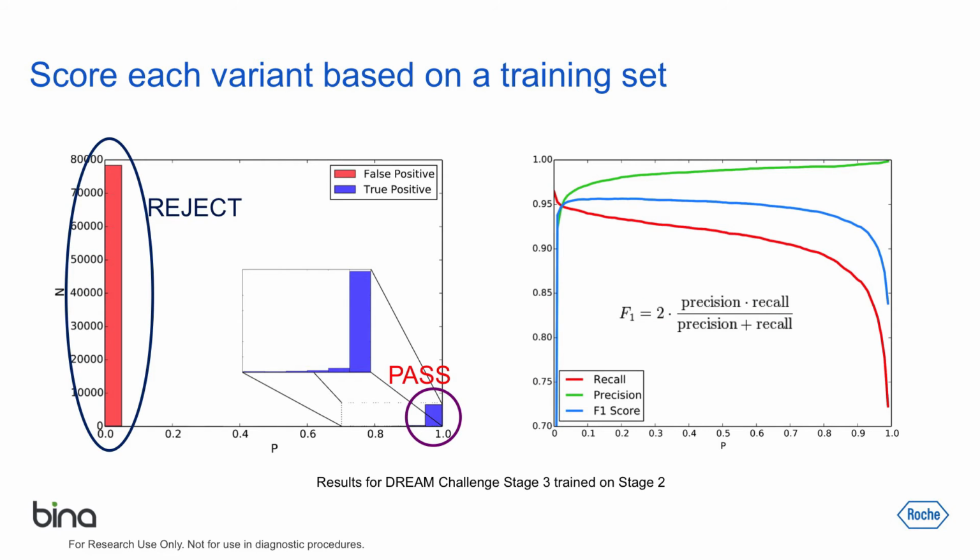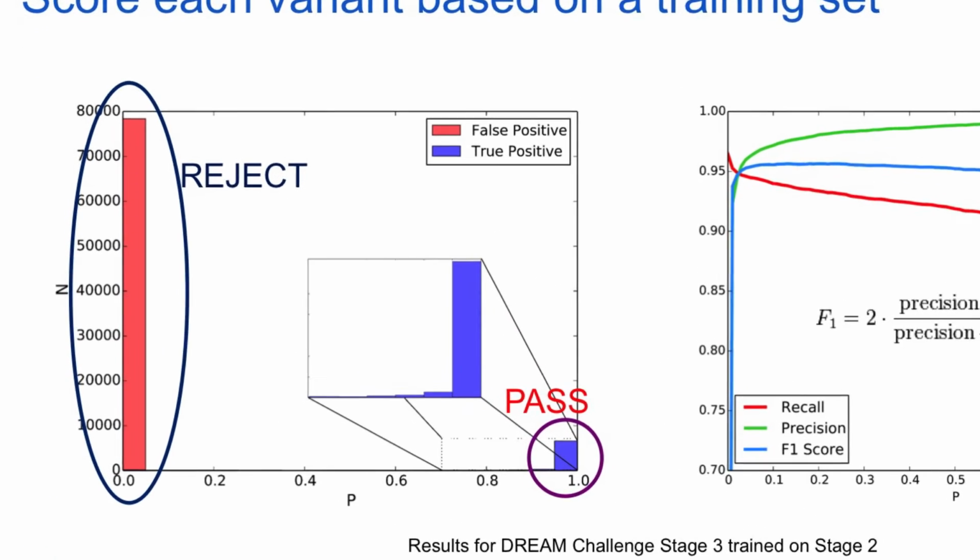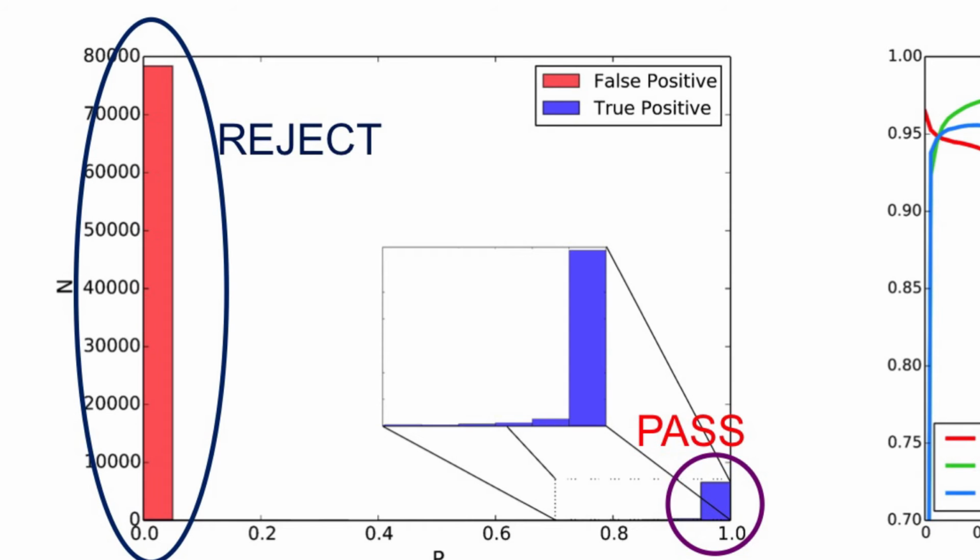Here's an example where we use the DREAM Challenge as a benchmark for our machine learning algorithm. We have used stage 2 of the DREAM Challenge as our training data. We have built a classifier based on stage 2 and used the results to predict somatic mutations in stage 3. On the left is a histogram of the probability values assigned to each mutation call.